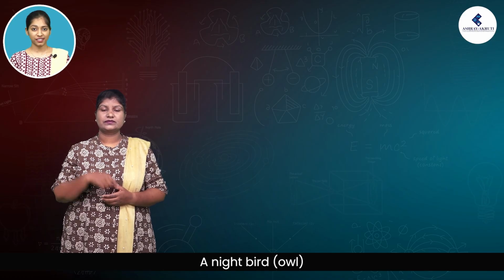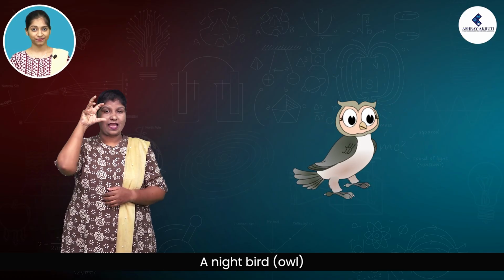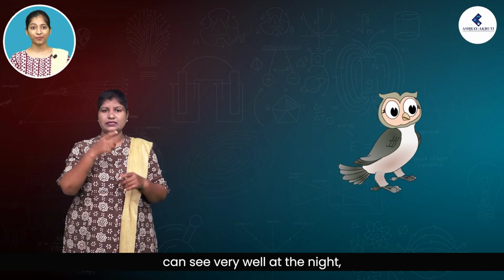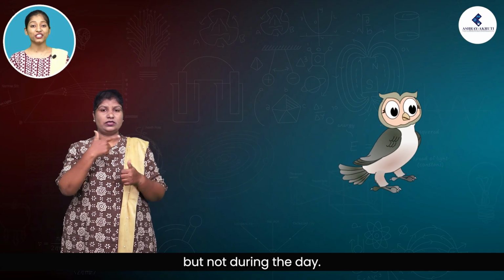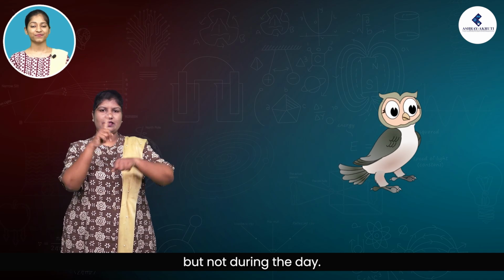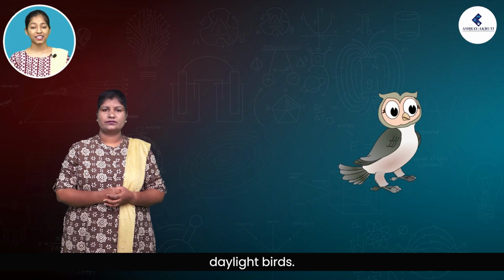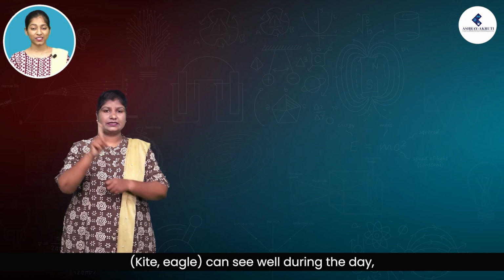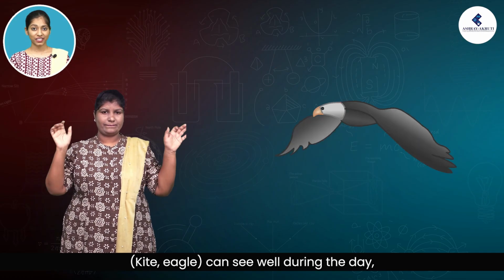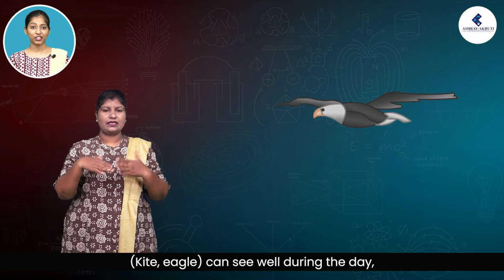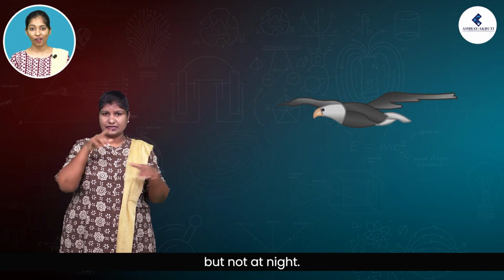A night bird, owl, can see very well at the night, but not during the day. On the other hand, daylight birds, kite, eagle, can see well during the day, but not at night.